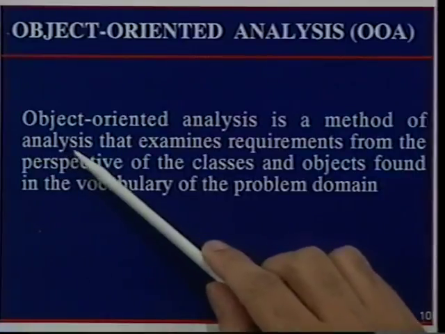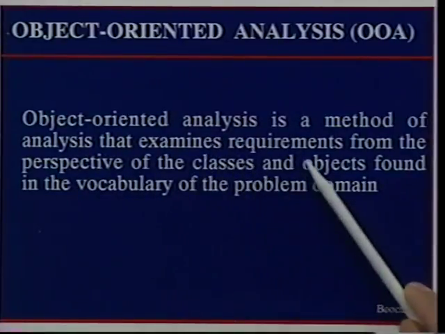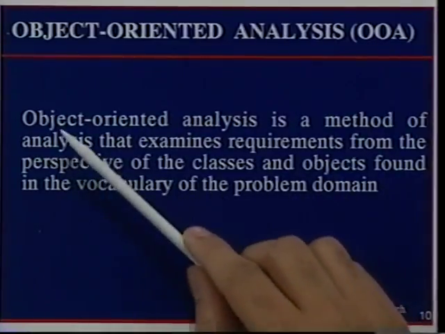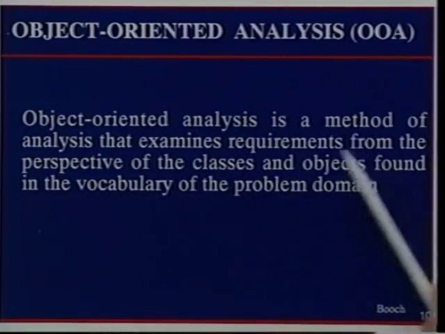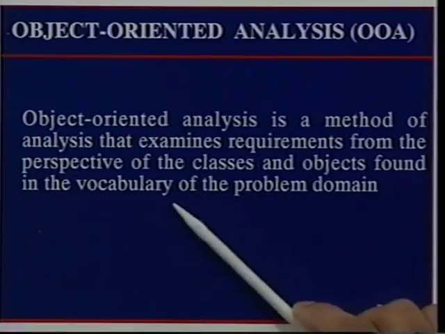Object-oriented analysis is a method of analysis that examines requirements from the perspective of classes and objects found in the vocabulary of the problem domain. So in object-oriented analysis, we look at the functional requirements from the perspective of classes and objects which are found in the vocabulary of the problem domain.